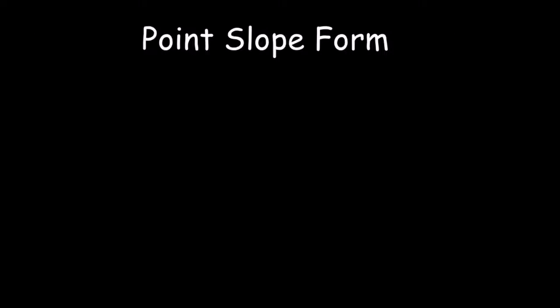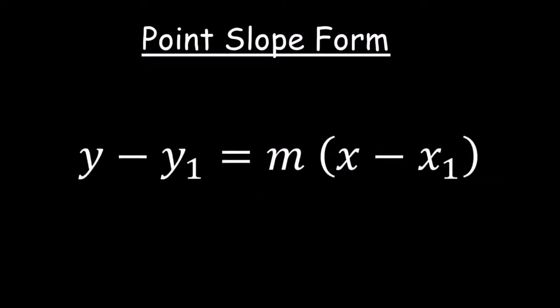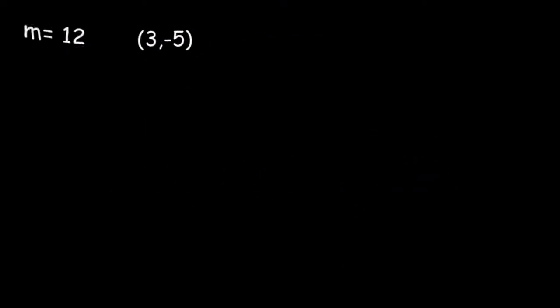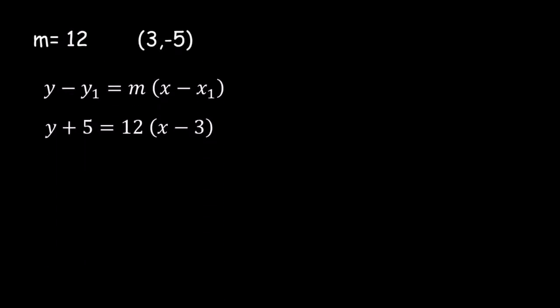The next topic that we'll be talking about is the point-slope form of a linear equation, which is y minus y sub 1 equals m times (x minus x sub 1). For the example, we have m as 12 and the coordinate (3, negative 5), and we'll just substitute them into the formula. So our equation would be y plus 5 equals 12 times (x minus 3).